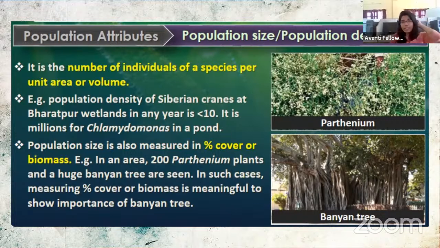Of course, the banyan tree. So in terms of biomass, the banyan tree has the larger population density. When we talk about biomass, population size can be explained in two ways: one in the form of number and one in the form of biomass.